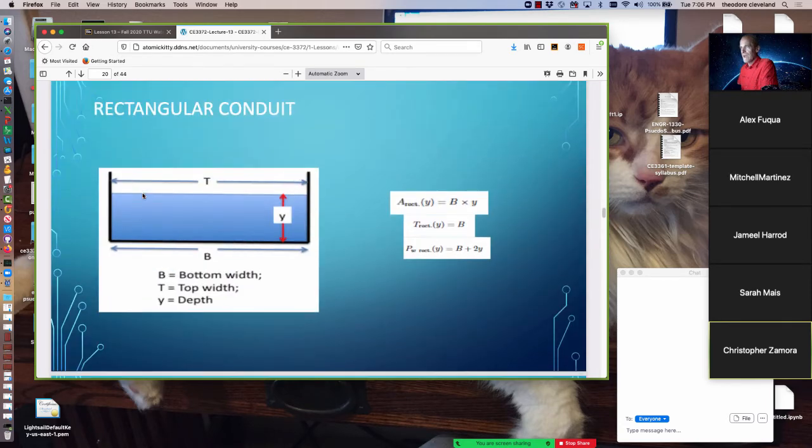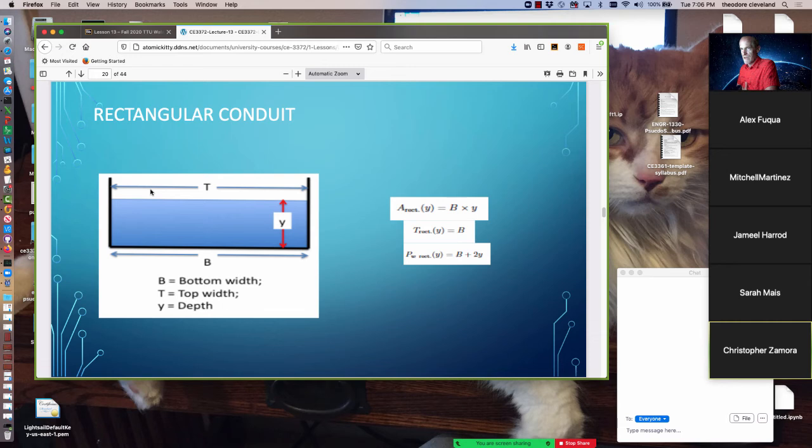So here's a picture of the mighty rectangle. I have this black outline that just represents a rectangular cross section, and in this case the liquid is at depth y, indicated with the red line segment, and the area we're interested in is the blue shaded area.